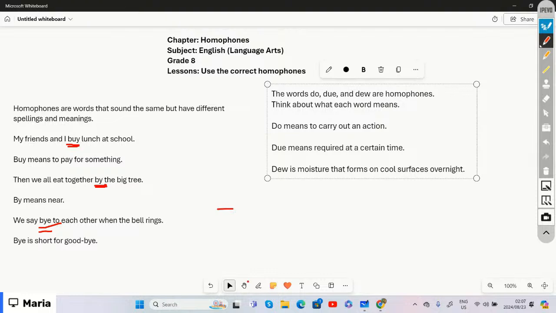Right? So if we look at those three words, buy, B-U-Y, by, B-Y, and bye, B-Y-E, all three of those words sound the same.